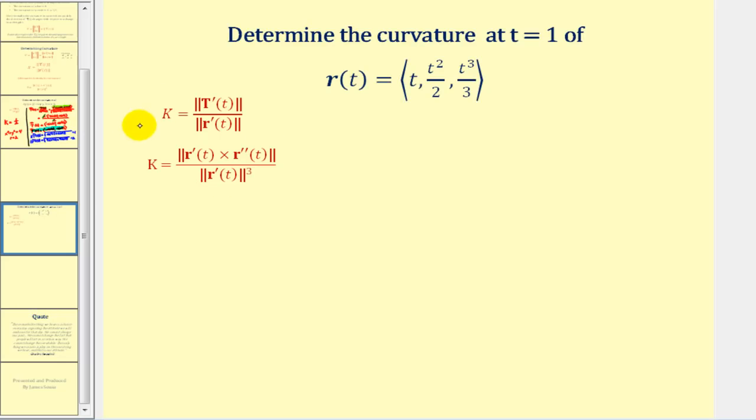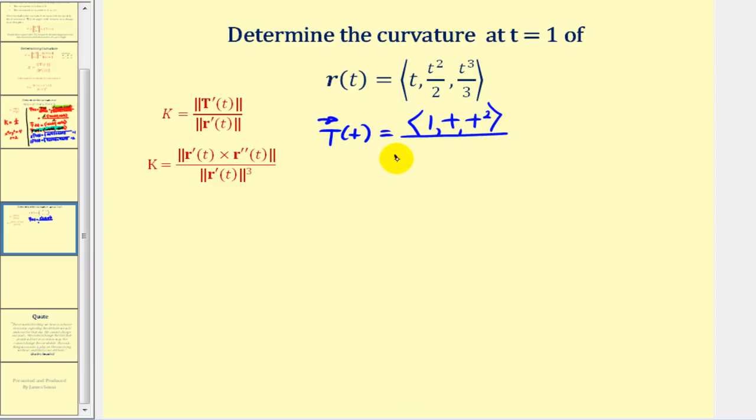So before we decide on a formula, we're going to go ahead and try to determine the unit tangent vector valued function, and then see how difficult it is to determine the derivative of that. So T of t would be equal to the derivative of r of t divided by its magnitude, so we'll have 1 for the x component. Derivative of t squared divided by 2 would be t, and the derivative of t cubed divided by 3 would be t squared.